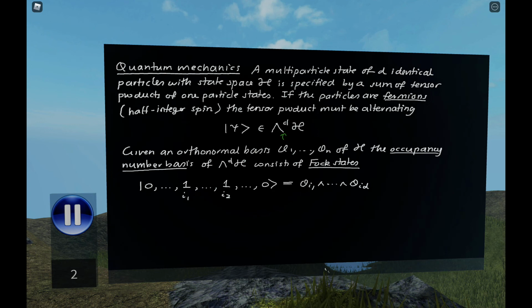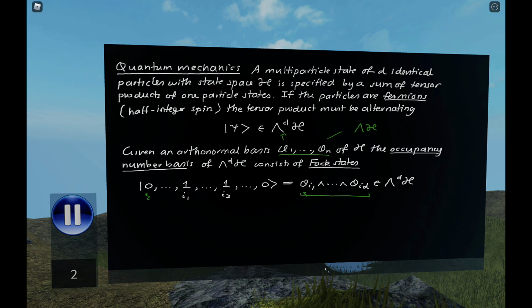Okay, so you see here that a 0 stands for no theta 1, and a 1 stands for a theta 1. So of course there are 2 to the n possible expressions of wedge products in order in the entire exterior algebra, wedge H. Right, that's the size of the basis.